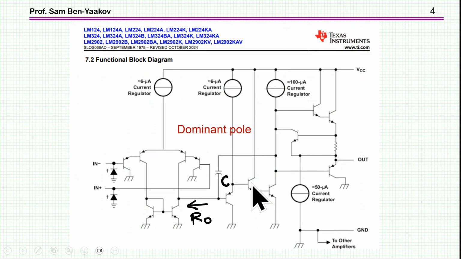This idea has been used for many years in the design of operational amplifiers. Here I'm showing the LM324, which is a very old amplifier, and we see here this capacitor. This is a buffer, just an emitter follower with two transistors, and then this is the actual amplifier. Then we have between the output and the input this capacitance.